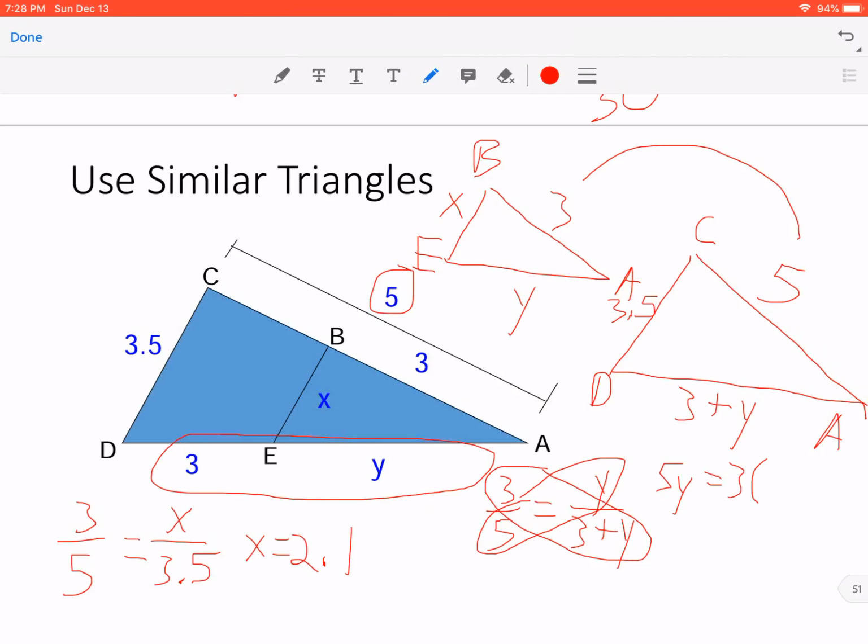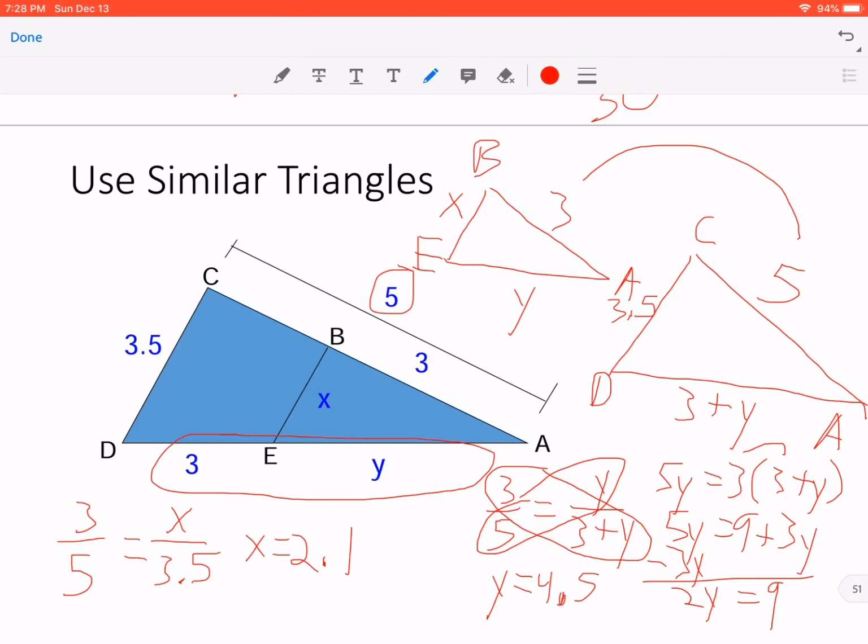That's distributive property. Alright, so 5y equals 9 plus 3y. And again, I'd move the 3y over and subtract it. So you got 2y equals 9. Divide that by 2 and y equals 4.5. And there's your answer there.